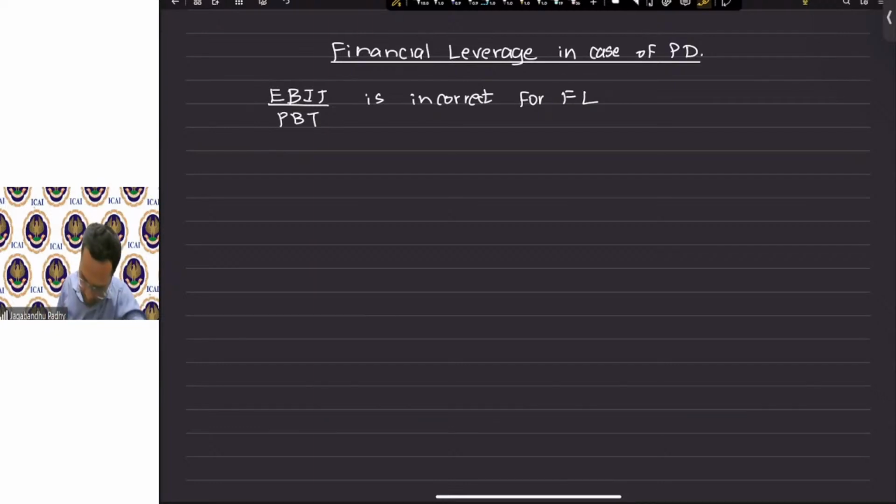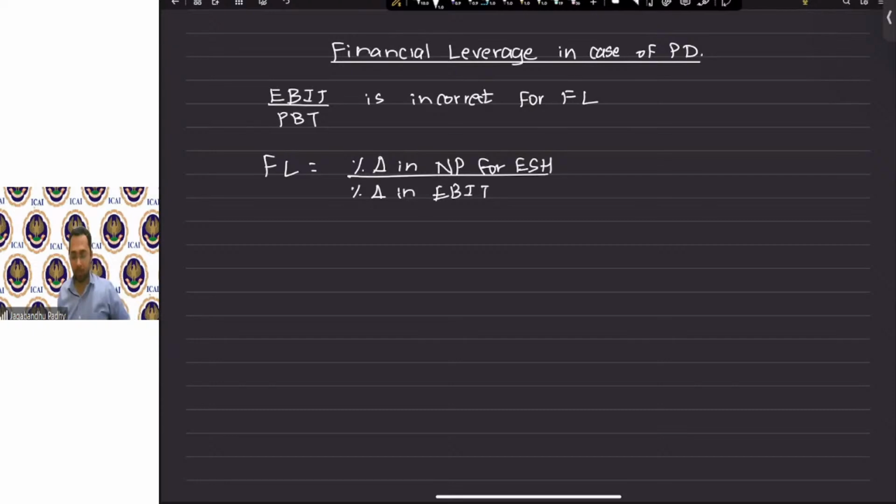So, whenever we have financial leverage in case of preference dividend, we generally calculate it as percentage change in net profit for equity shareholders divided by percentage change in EBIT. This is the typical formula that we are going to use.